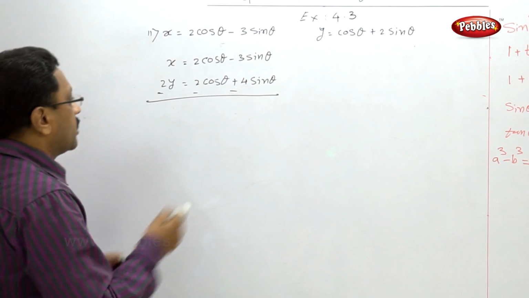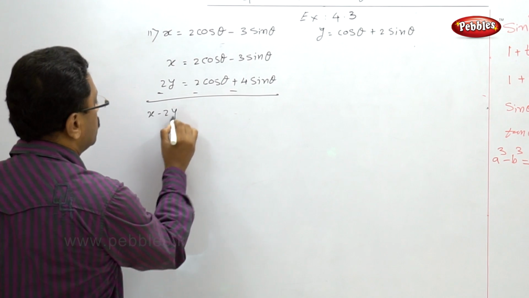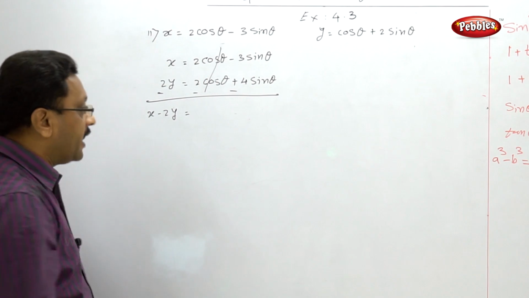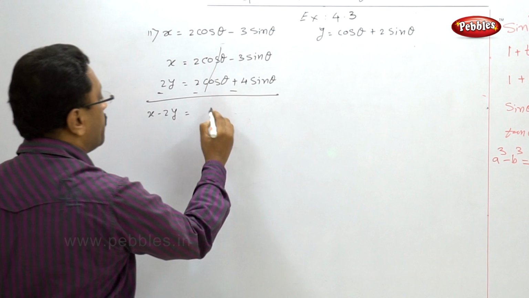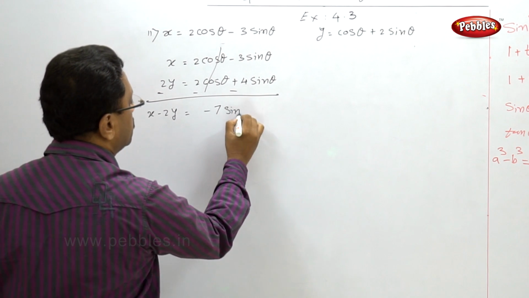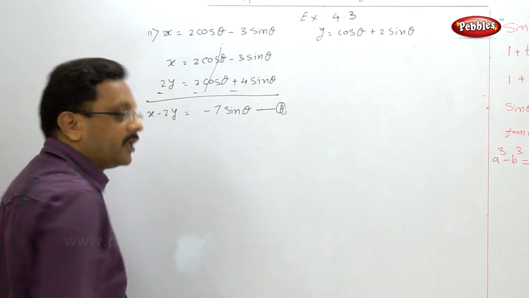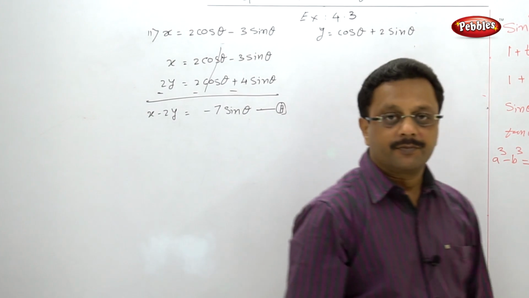So by subtracting, what will I get? x minus 2y is equal to 2 cos theta, and 2 cos theta will get cancelled, and here we have got minus 7 sin theta. This I will call equation A or equation 1, whatever you can call it.